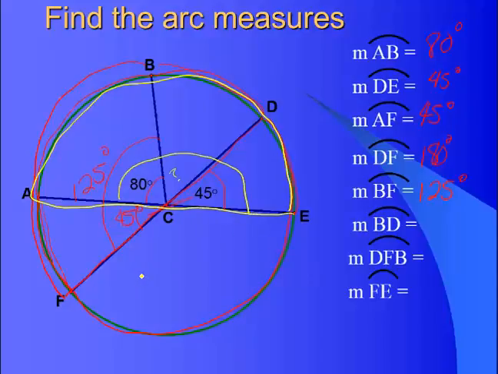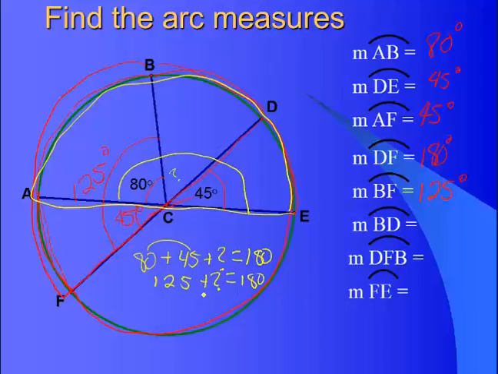So I can take 80 plus the 45 plus my unknown angle, and together all three of those will equal 180 degrees. Well, these two are 125 plus my unknown is 180. Okay, so my missing angle is 55 degrees, therefore my arc here is going to be 55.